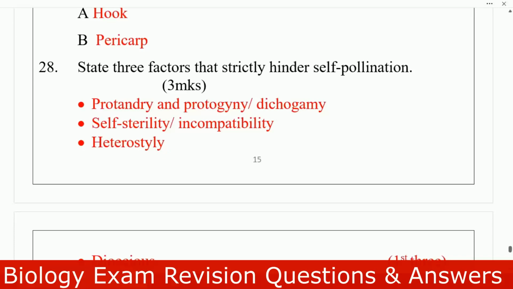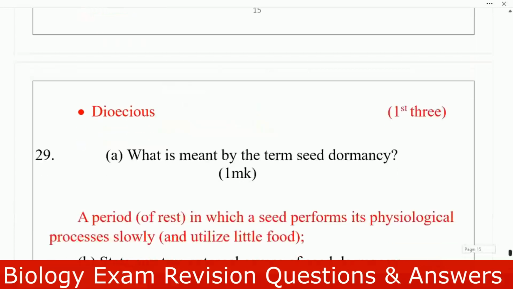Then self-sterility, incompatibility, then heterostyly. Those are biology terminologies. We have dioecious, that is another one.